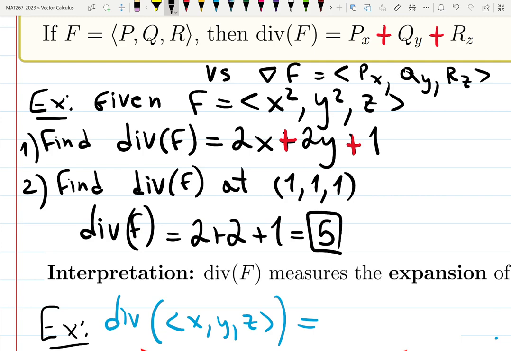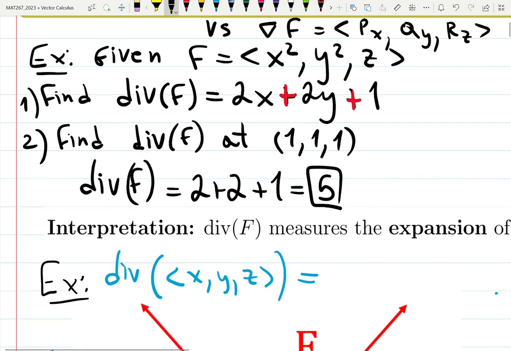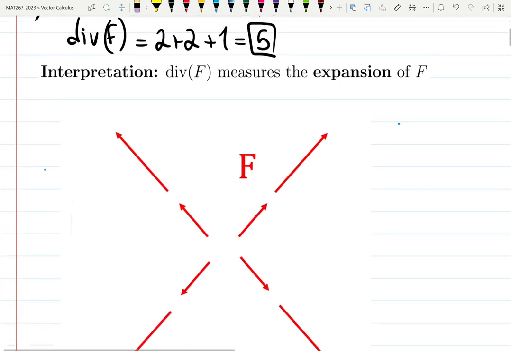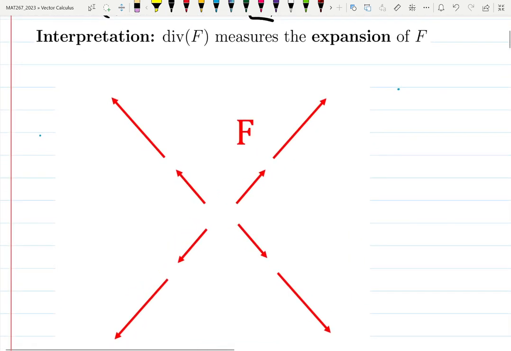So it's not a vector, it's a constant. If we got 5, what does that even mean? That means F expands at the rate of 5 at that location, because it might be different at different locations. Let's check this out. Interpretation is expansion. Write down several words. Expansion. So it's called divergence, right?